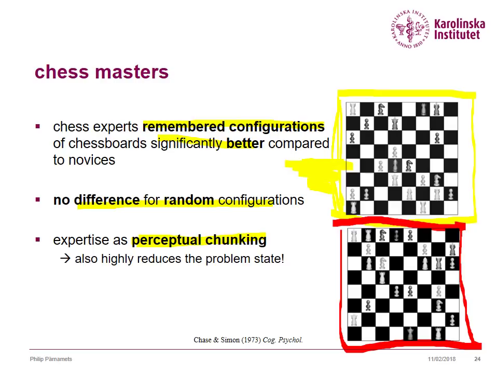And an important consequence of this, in terms of the problem state formulations we were dealing with in the previous slides, is that if you make a good compression of a problem state, you also highly reduce the complexity of the problem state.